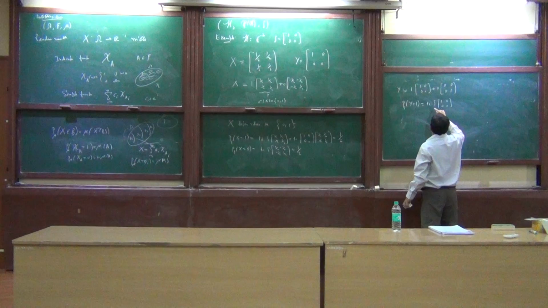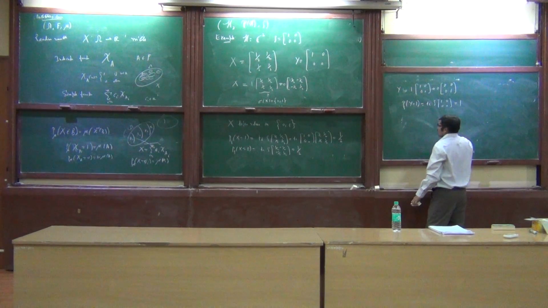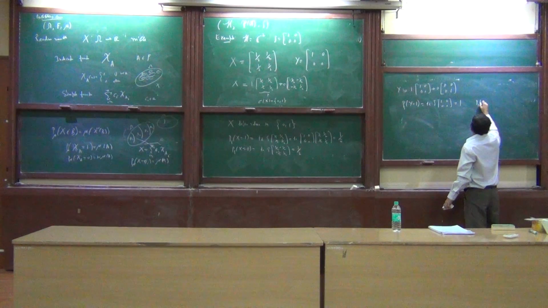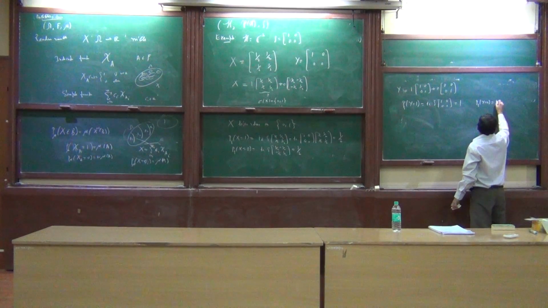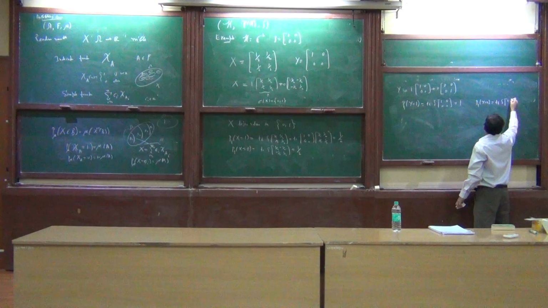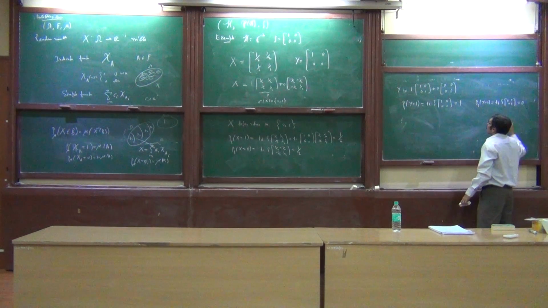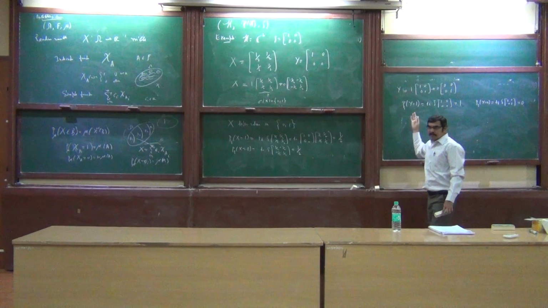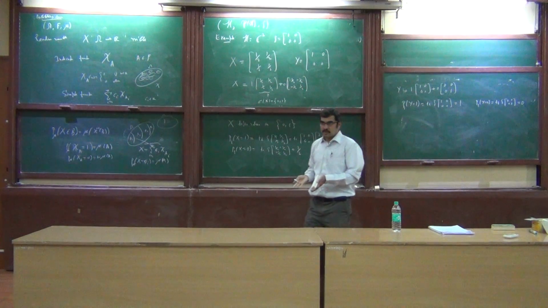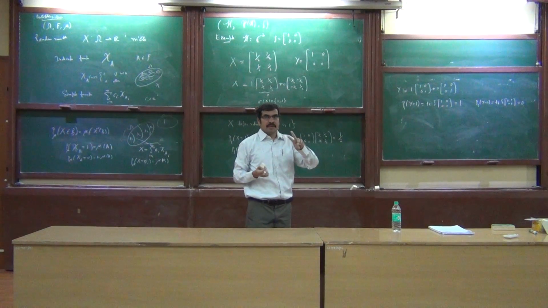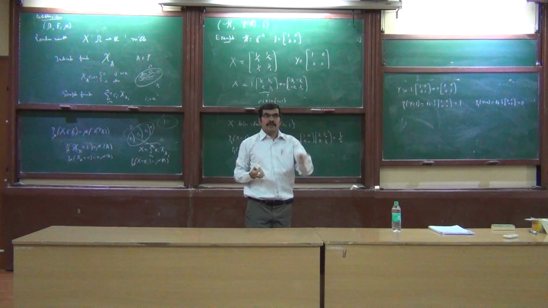Rho is the same as this, and taking the trace, you get 1. And the probability that y equals 0 is the trace of rho times this one, and the product is 0, so the trace is 0. So it is certain that y takes the value 1. This random variable again takes values 0 and 1. The probability that y equals 1 is 1, and the probability that y equals 0 is 0.